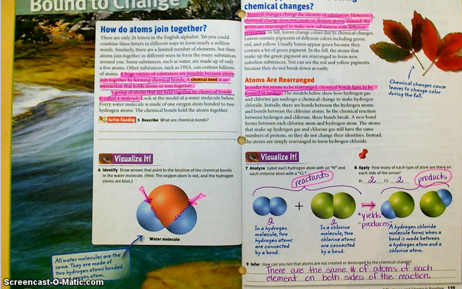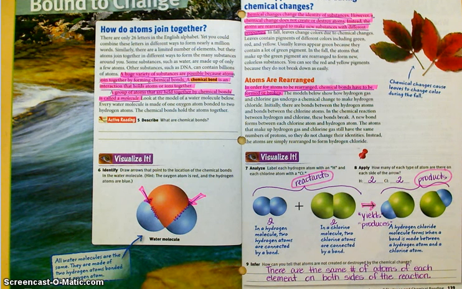And down at the bottom, under number 7 where it says visualize it, I drew a bracket and labeled the reactants and made a note that there are a total of 2 atoms of hydrogen and a total of 2 atoms of chlorine on the reactant side. The arrow in this chemical equation means yields or produces.